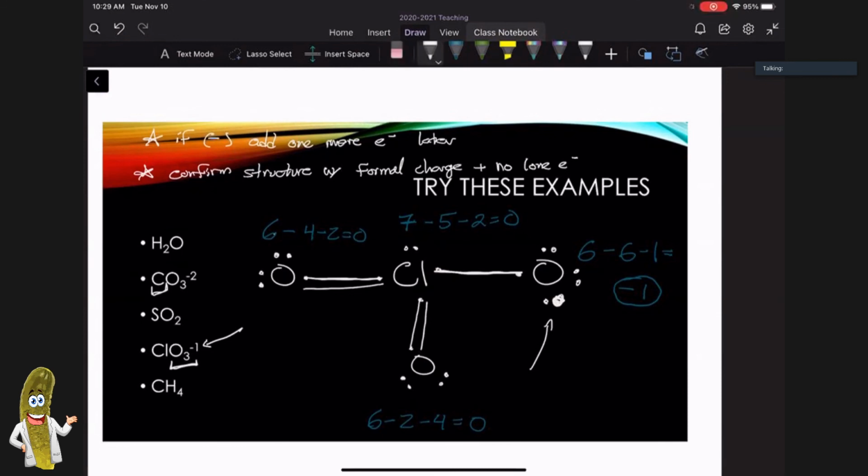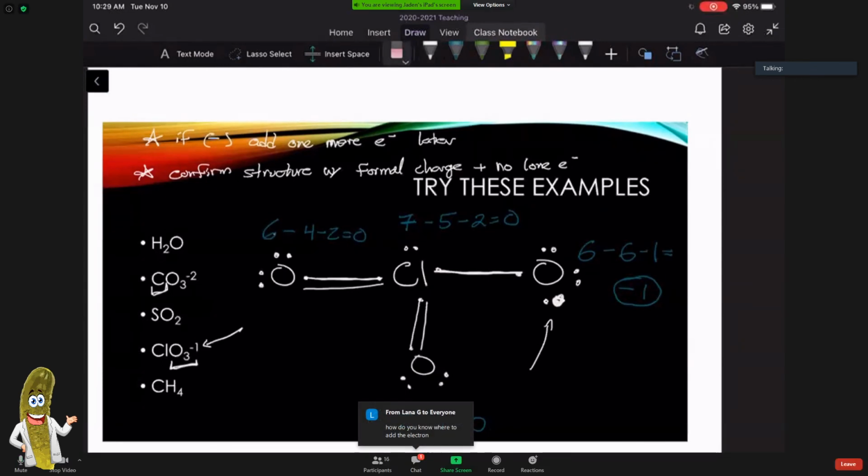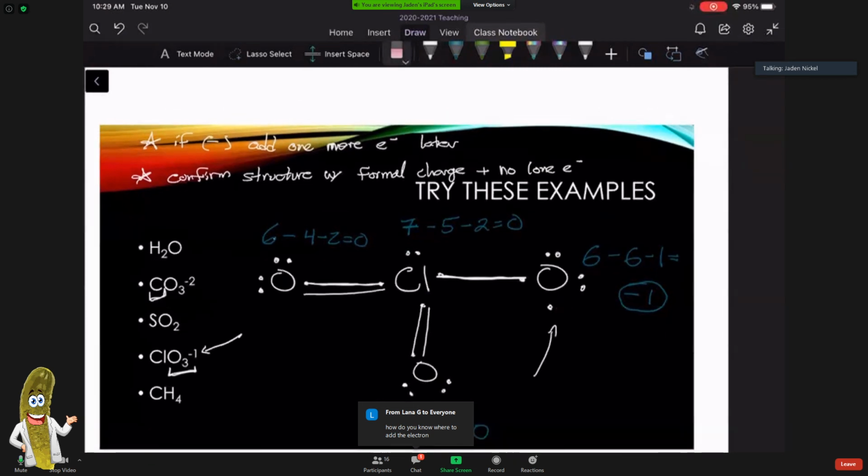Lana, as far as how you know where to add the electron. So for us, what we were looking at before I added that electron was this.